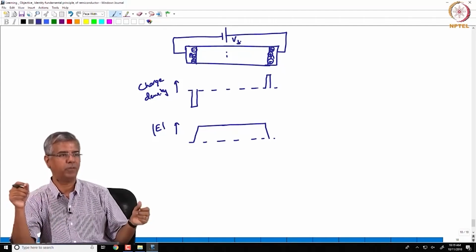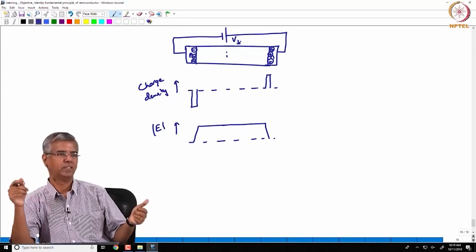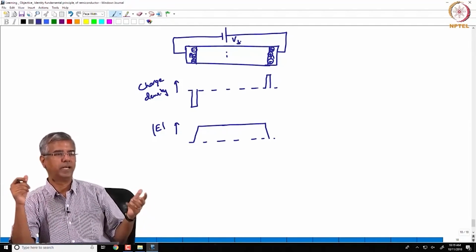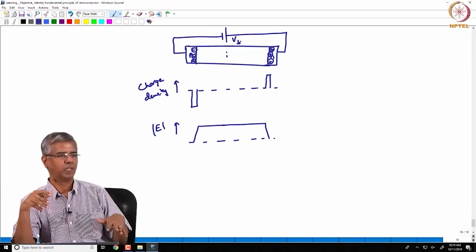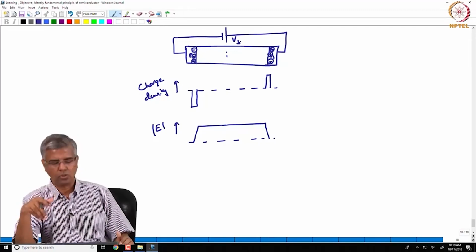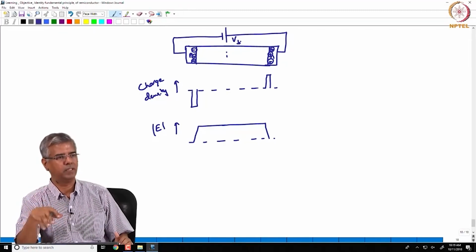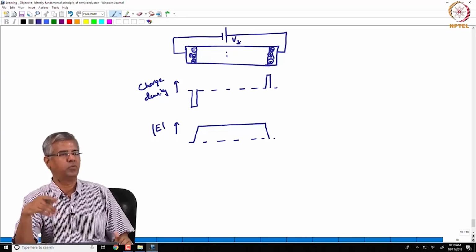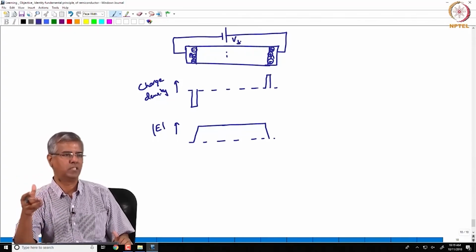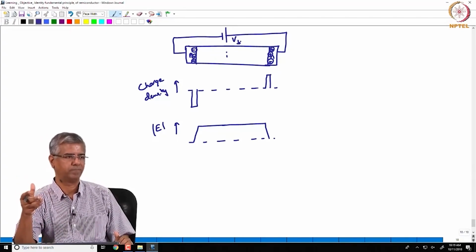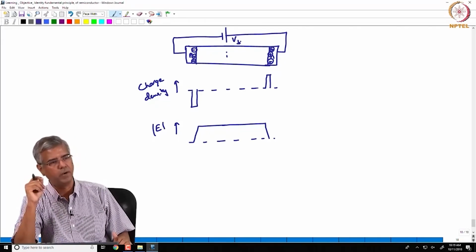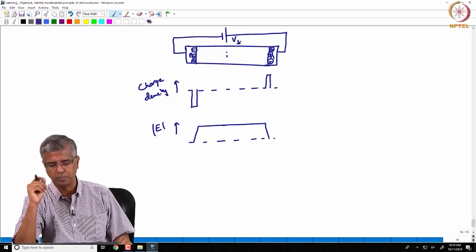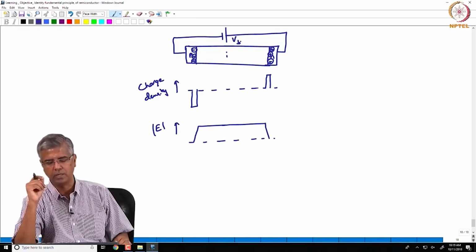If you have an electric field, what happens? You are encouraging the drift process, so there is very negligible diffusion. Intrinsically, this sort of structure is going to give you a very fast response time. That is one of the major advantages of going to a PIN photodiode.